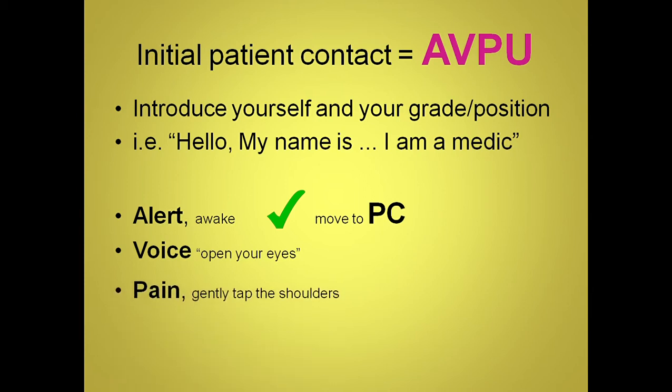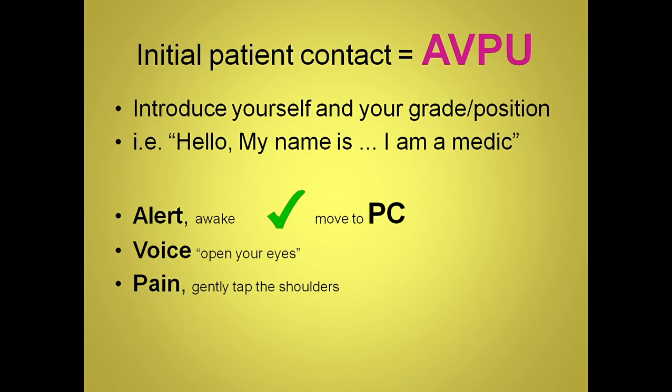Then we move on to pain. In the Resuscitation Council guidelines, we are aware that they, quote, shake the shoulders. But on here, I've put to gently tap the shoulders, because again, all we're looking for is fluttering of the eyes to see if there's any muscle tone there. What we don't want to do is make the situation worse.